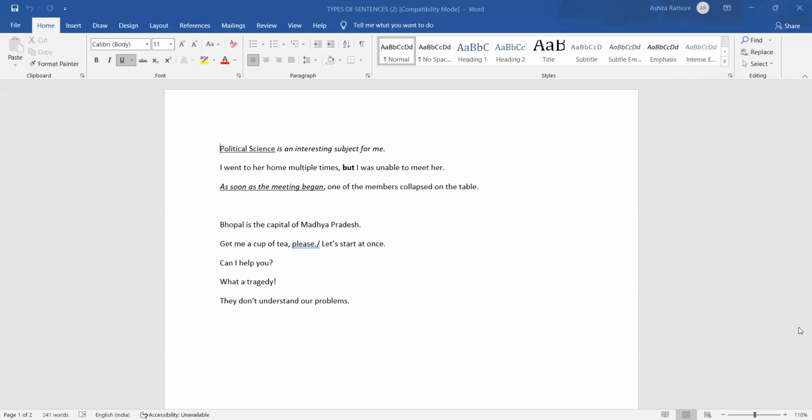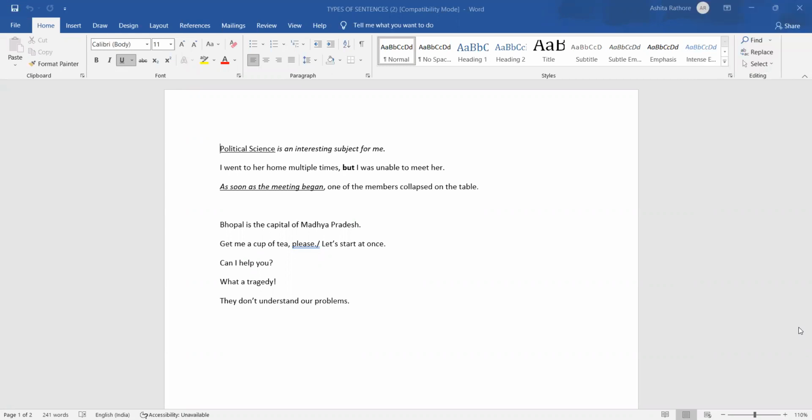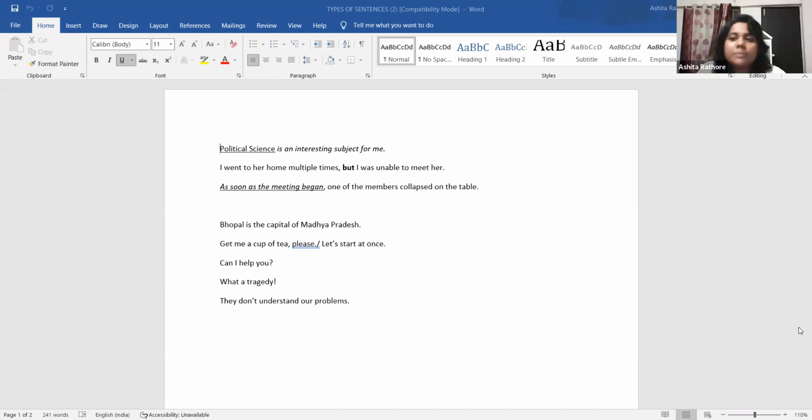Yes, very basic sentences. Let's look at the first one. Bhopal is the capital of Madhya Pradesh. It's a factual statement. Yes, it is something assertive, or basically something that is being declared. So any fact, anything that we say, like the sun rises in the east and sets in the west.